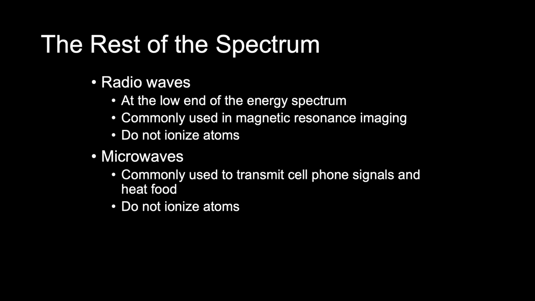Microwaves are used routinely to transmit cell phone signals and heat food. Microwave towers can be seen across the landscape, and microwaves generally provide a reliable signal. In microwave ovens, a microwave generator is used to create microwaves, electromagnetic waves at a frequency of about 2500 megahertz, and those are directed towards the food.